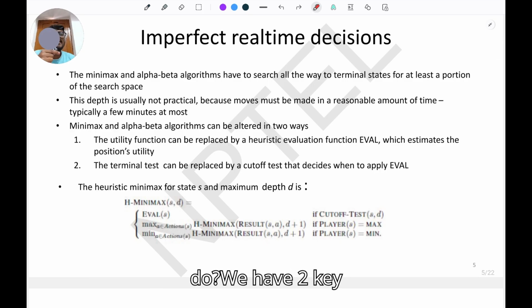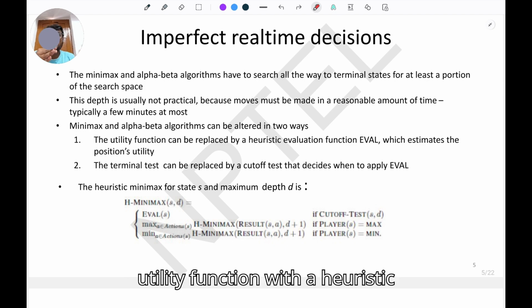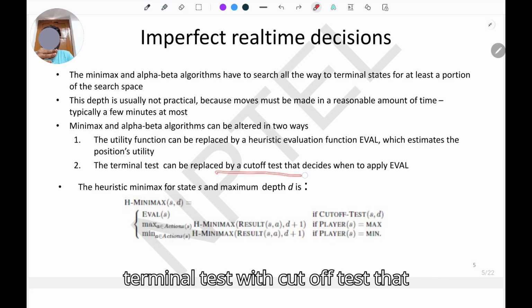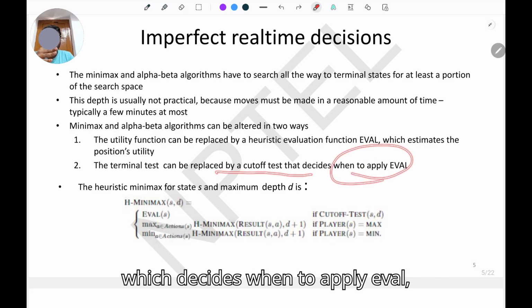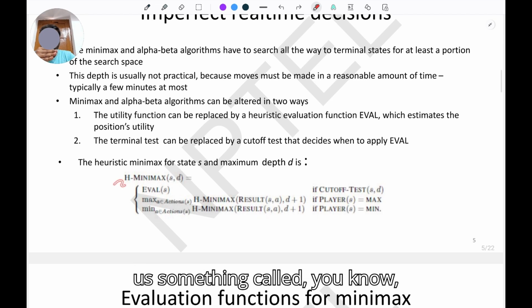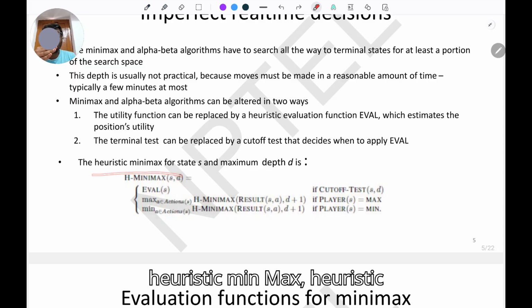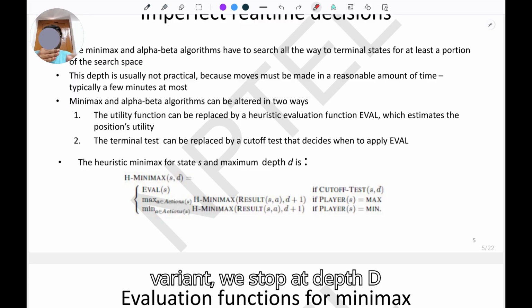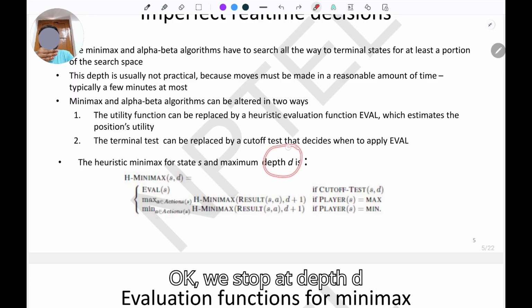So what do we do? We have two key tricks: replace the utility function with a heuristic evaluation function, often called eval, and replace the terminal test with a cutoff test, which decides when to apply eval, when to stop searching. This gives us something called heuristic minimax. Instead of searching until the very end, we stop at depth d and use eval of the state.